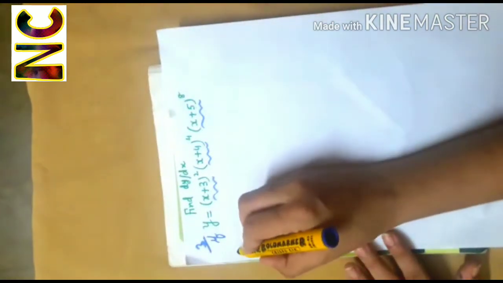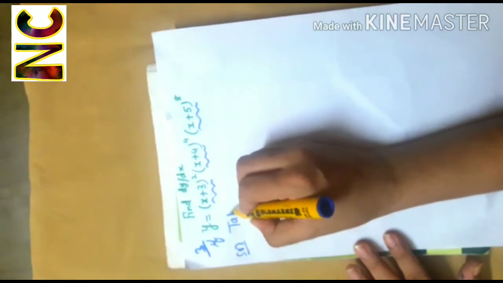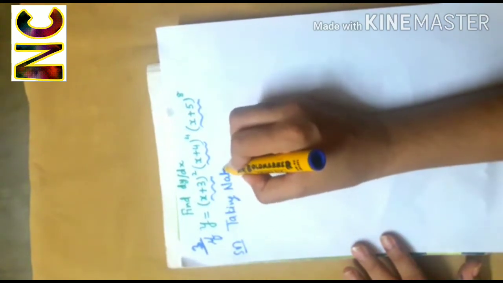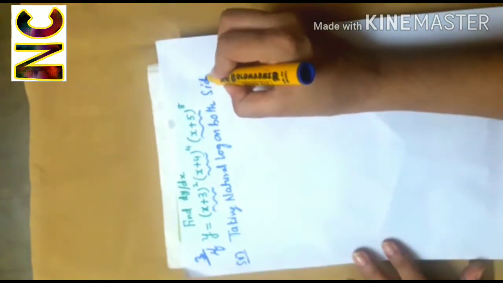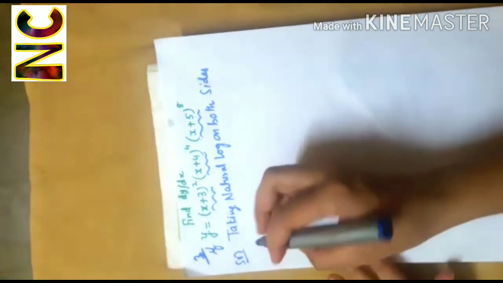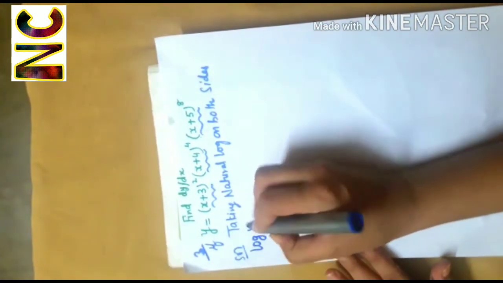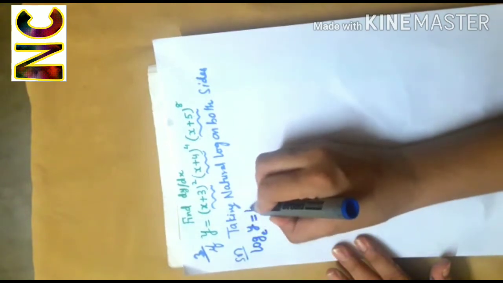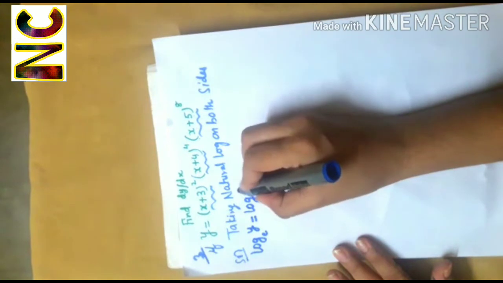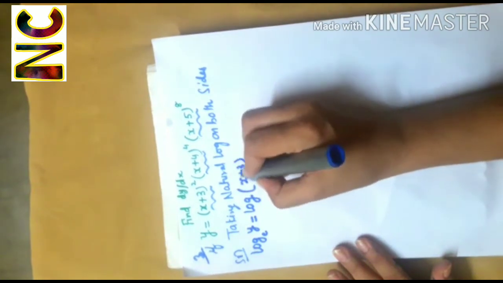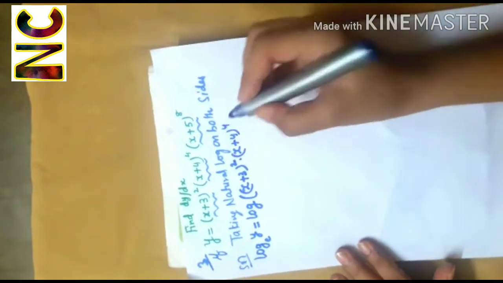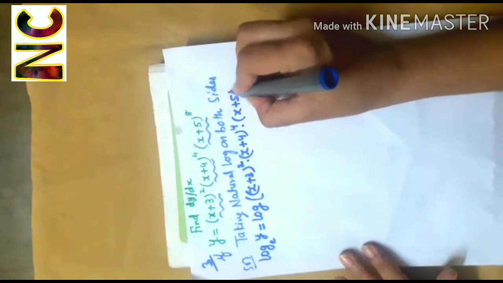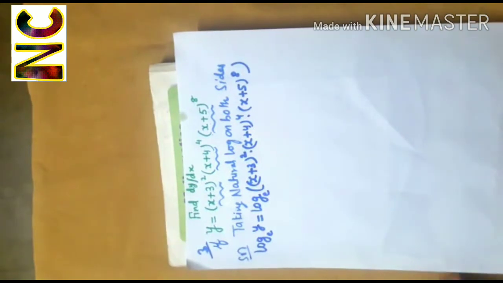So taking natural log on both sides, yes, I'll get log y to the base e is equal to log of x plus 3 whole square into x plus 4 raised to the power 4 into x plus 5 raised to the power 8, and this is to the base e, right?